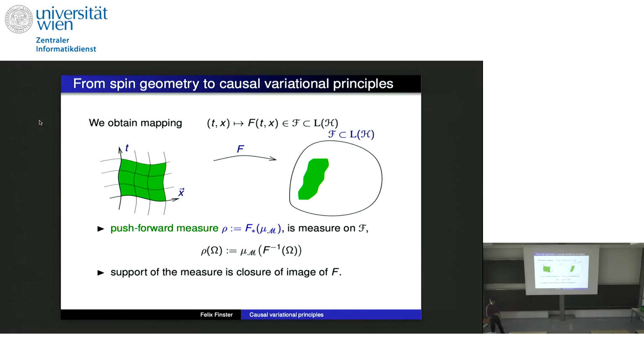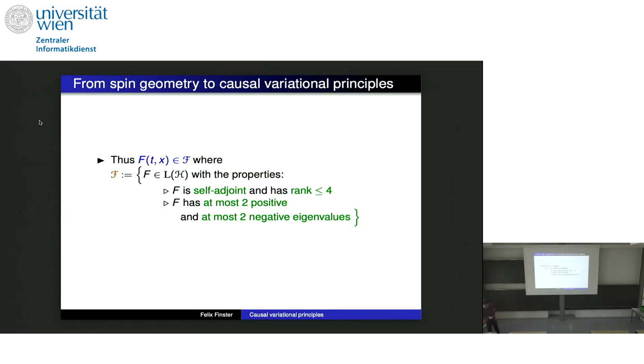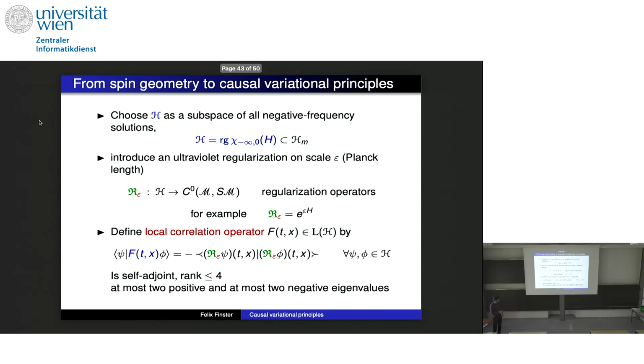And this works, yes? Excuse me? I see, the rank 4 condition comes from the fact that here we have the spinors at a given space-time point, so it has just 4 complex components. And then you take the product at one point. So therefore, here everything takes place in a 4-dimensional vector space. You can also do it in a little bit more sophisticated way, if you like.